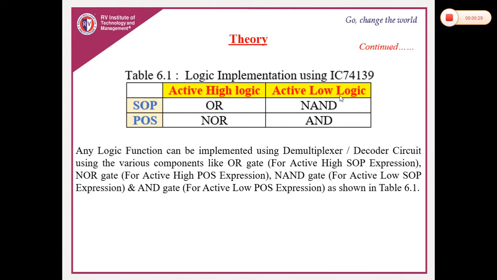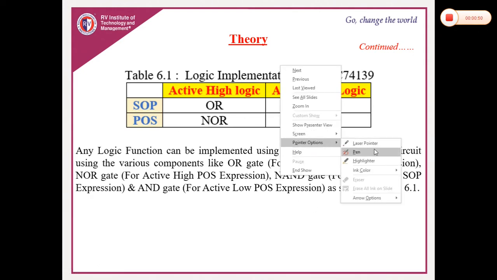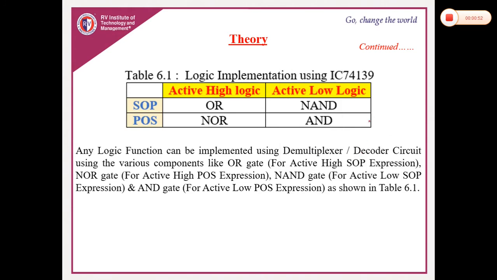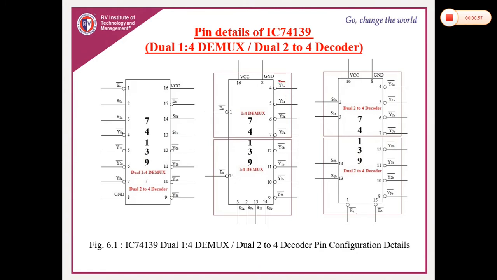This is very important. You should be aware of all these things. If it is SOP expression, anyways we usually use SOP expression, and if the logic is active high logic, then we have to implement using OR gate. But if the output expression is active low logic and SOP expression, for example, we have in this case, we are going to use this NAND gate because whatever we have here is active low outputs.